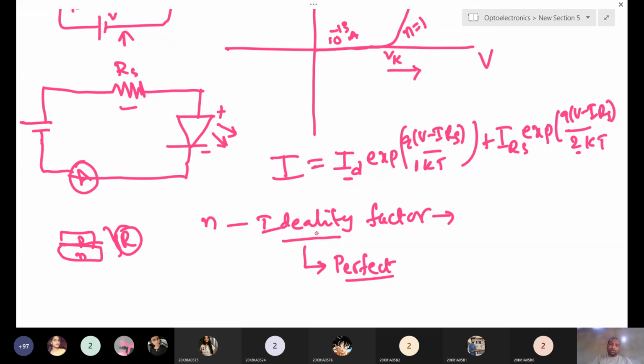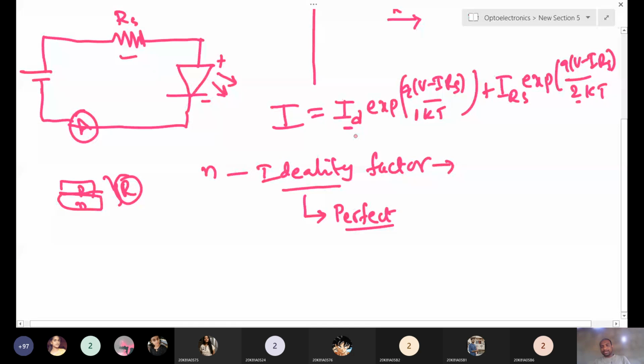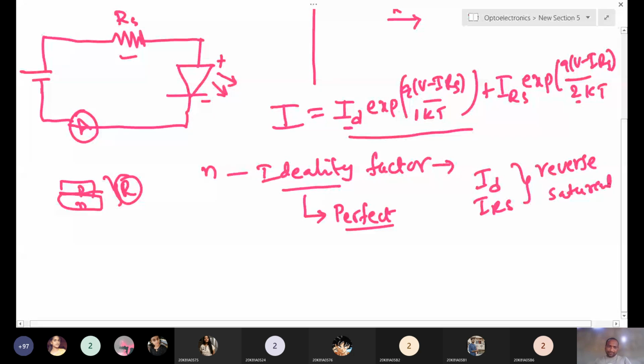At low voltage, the first term will dominate. The first term is the diode current, and I0 is the reverse saturation current, or saturation current. It is just like a leakage current. In forward bias, the current is due to what?